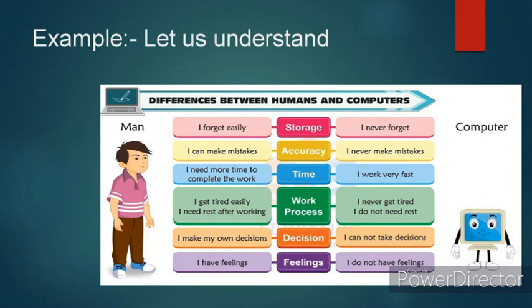Man says, I make my own decisions. Computer says, I cannot take decisions. Now sixth point, feeling. Man says, I have feelings. Computer says, I do not have feelings. I hope you understand.